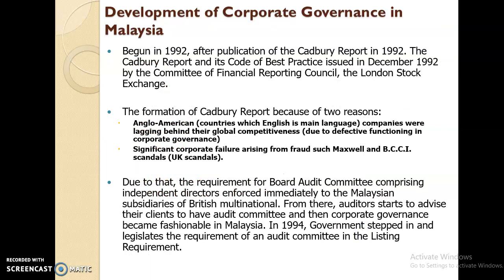Okay, development of corporate governance in Malaysia. As we know, starting from the 1990s, the movement to have better governance in organizations started in Western countries, and only in 1994 the government of Malaysia decided that we need to form an audit committee, and that is also part of the requirement in the listing requirement.